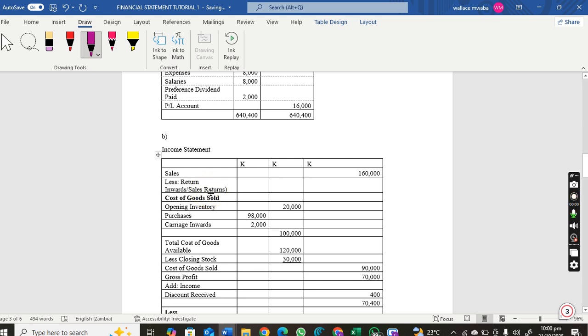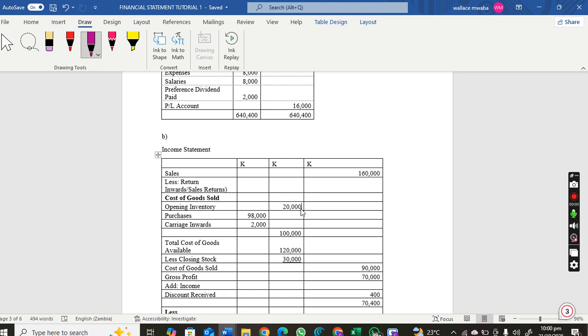Okay, so here pay attention. This is how it starts. First you begin with your opening inventory. These are the goods that you begin with at the beginning of the year. So we have opening inventory of 20,000.